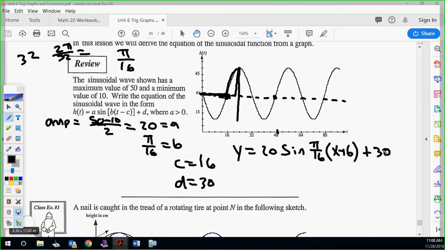If the period's 3.3, like you counted, then you'd go 2 pi divided by 3.3, and that would be your b. Okay? All right.